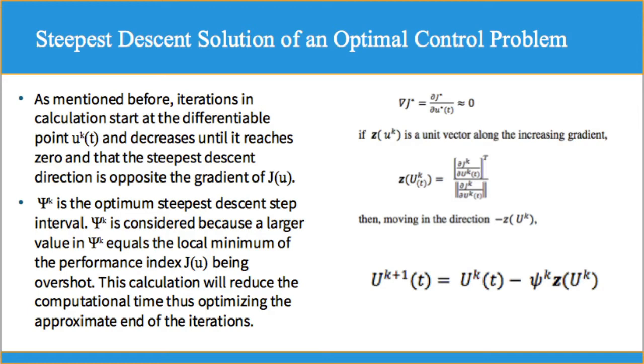Now, psi k is the optimum steepest descent step interval. This is another way that we're going to be able to optimize the performance index and the control system, by finding the smallest step size to optimize the calculations, speeding up the calculation process.